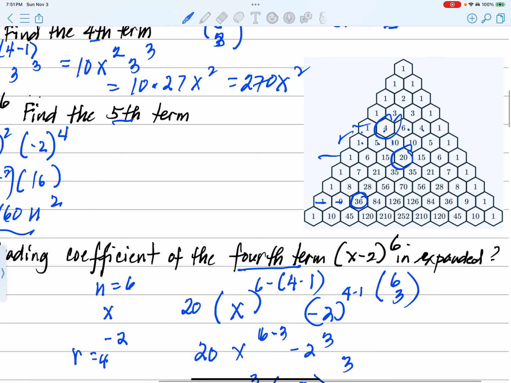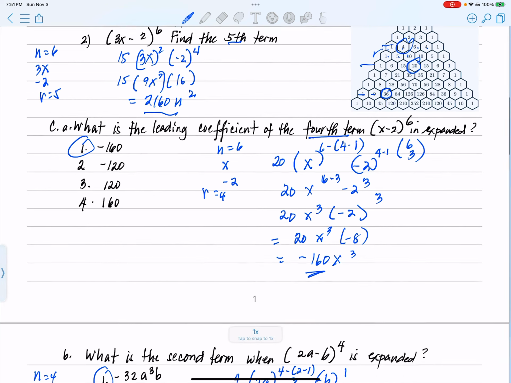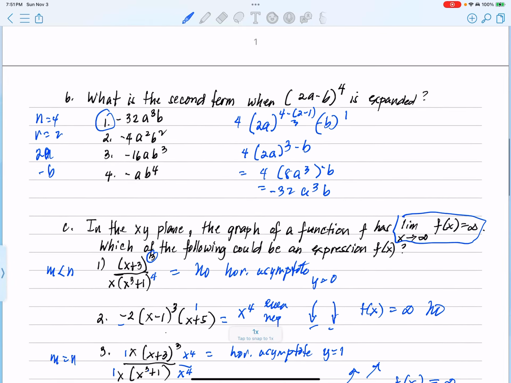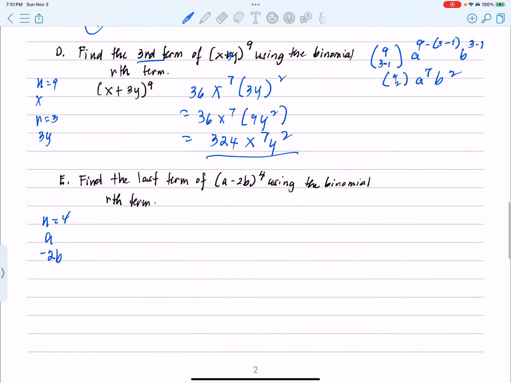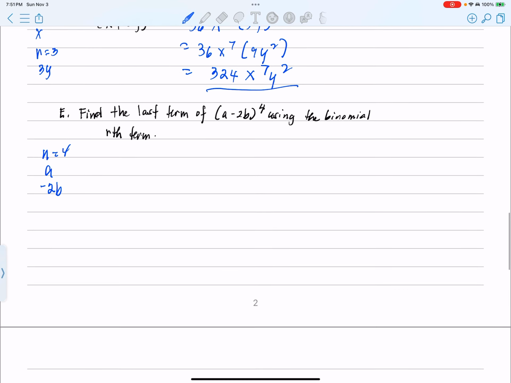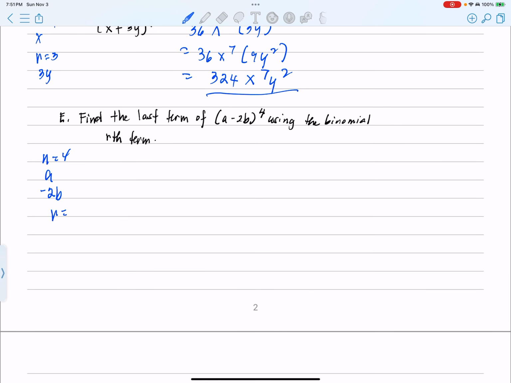So there are 5 terms in row 4. So r is 5. So that means we can write that as 4, that's n, choose 5 minus 1, and a is 4 minus 5 minus 1, and b is 5 minus 1.